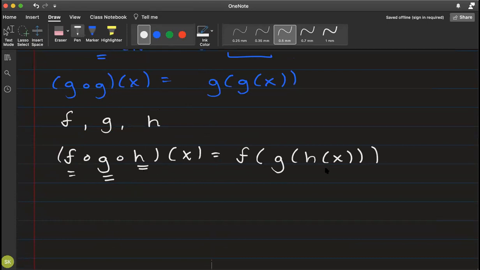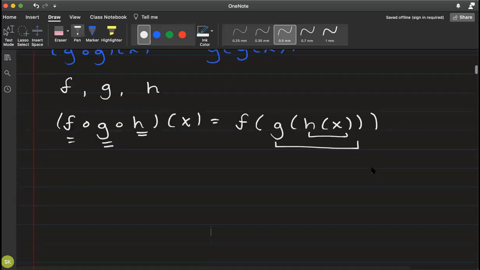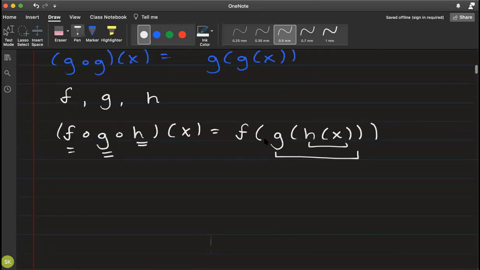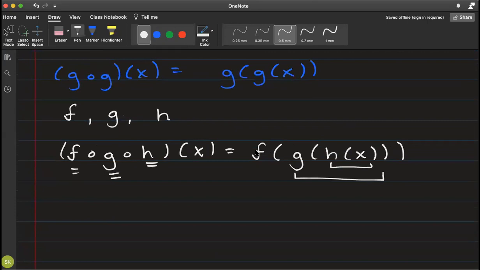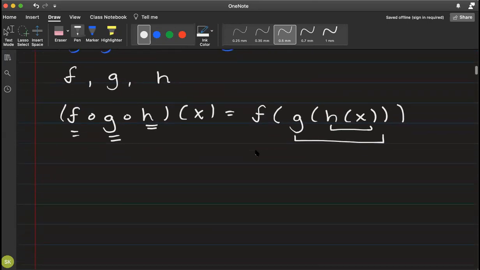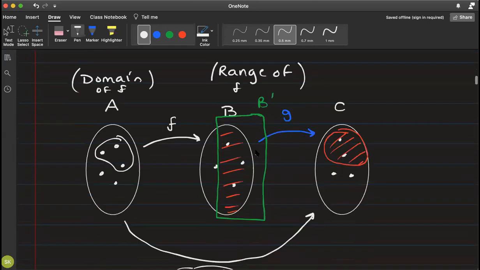So you see you have h, you start with that, and what you would do is you would plug it into g, and then you would plug that into f. So that's just the idea of what's happening here. So we're going to look at some examples. We're not going to focus so much on the domain this time. In the next video, we'll talk more about the domain. This time, I just want to give you some basic examples.